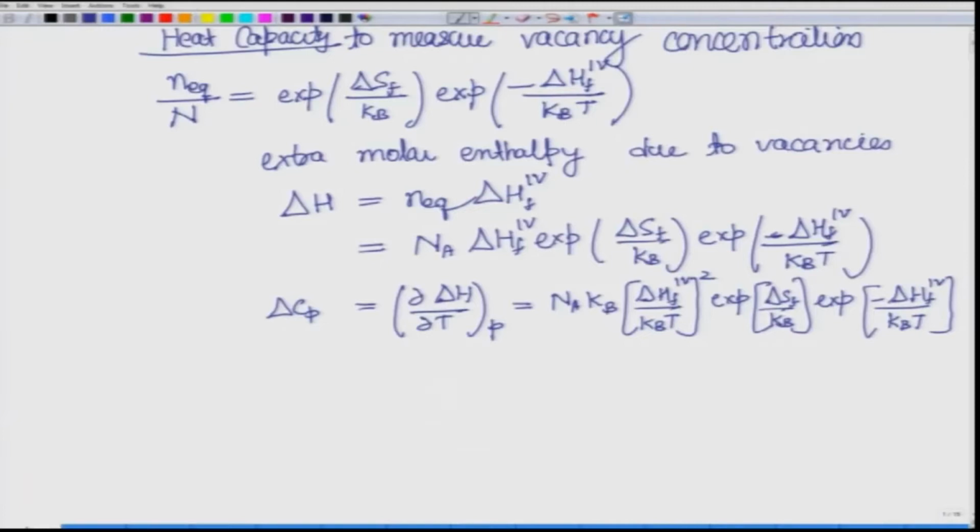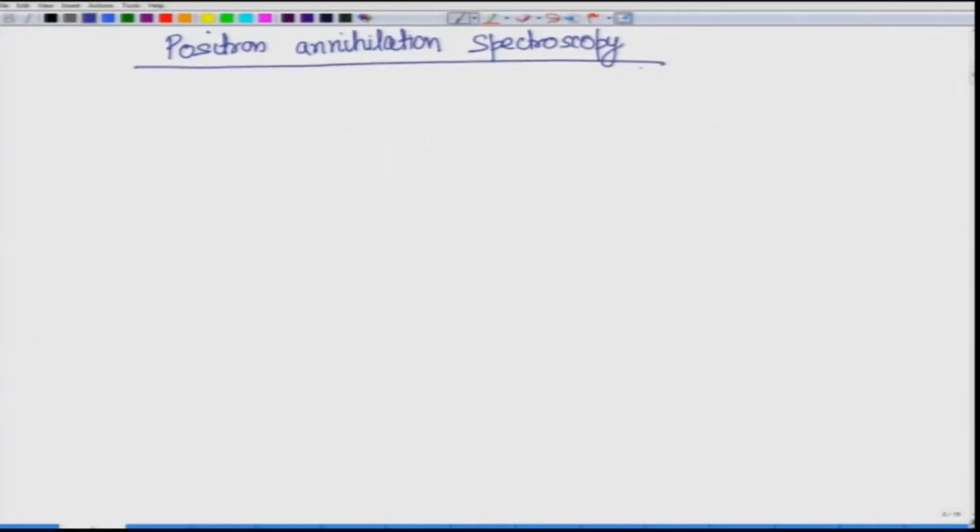Now, let us look at still another method which is used, which is kind of, you can say, an exotic method, which is called positron annihilation spectroscopy. So, the first question here is, what is positron?